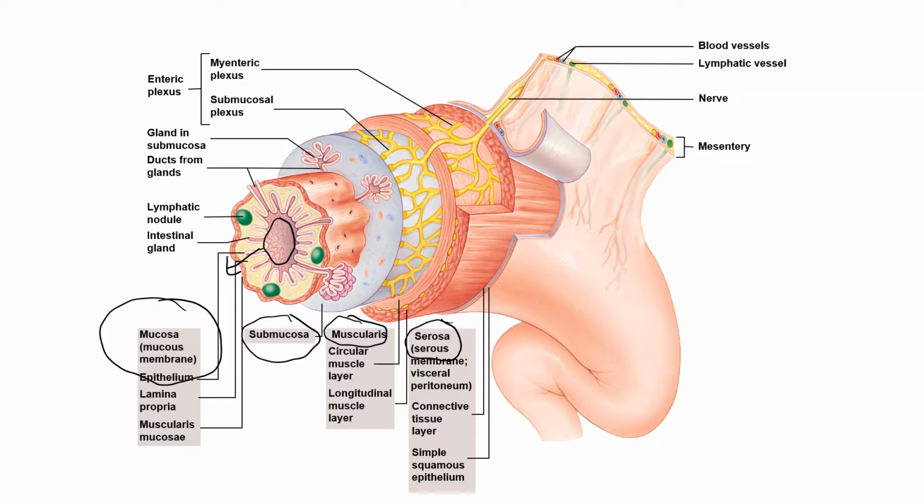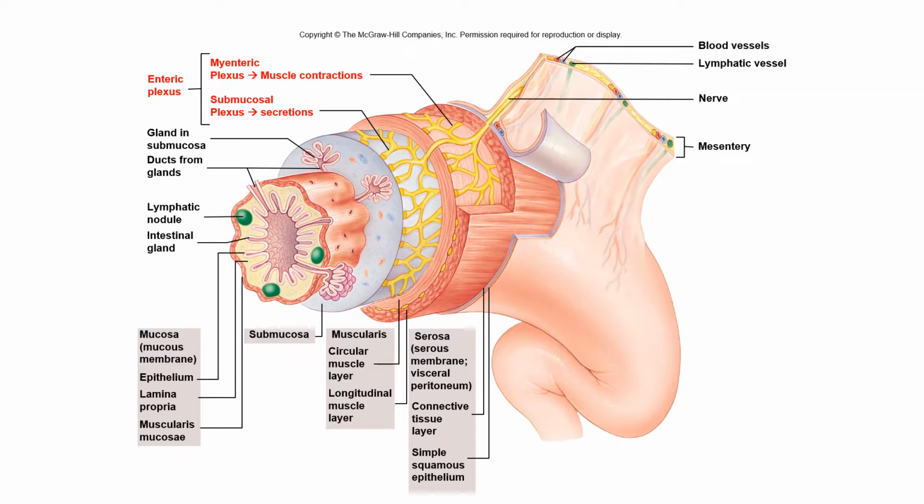So the histology of the GI tract consists of 4 layers: the superficial mucosa, underneath it the submucosa, a wall of muscle called the muscularis externa, and a covering of connective tissue called the serosa or serous membrane.